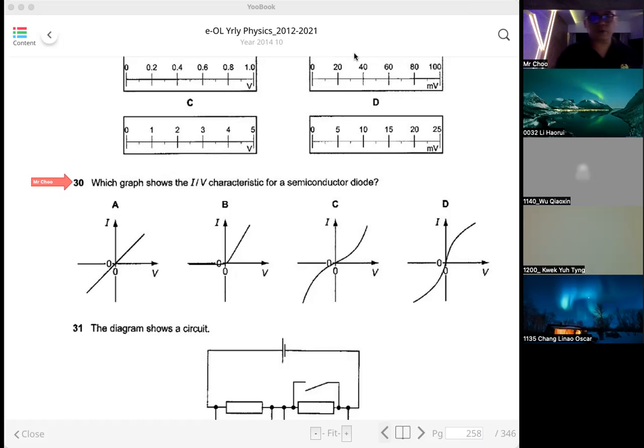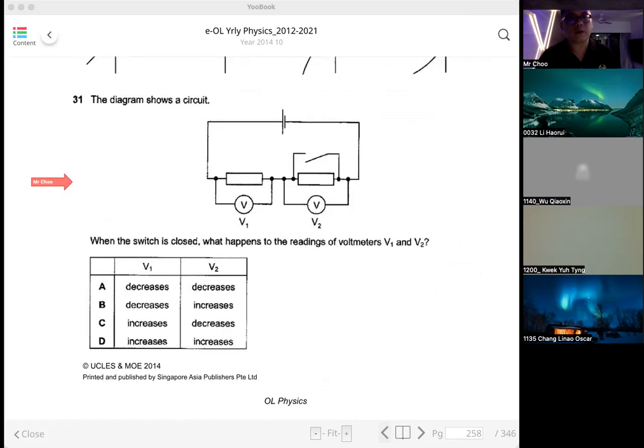Do question number 31. You all may begin.